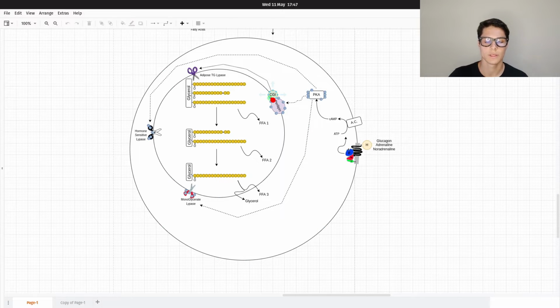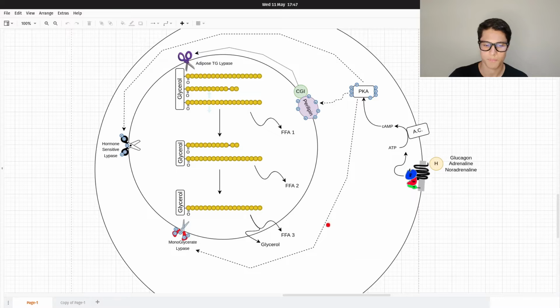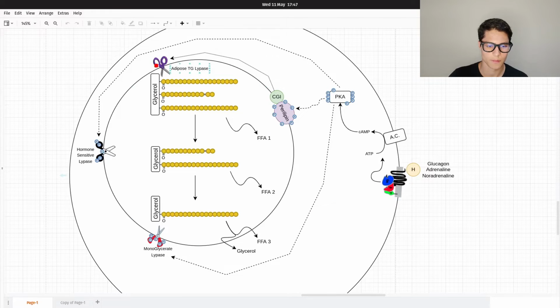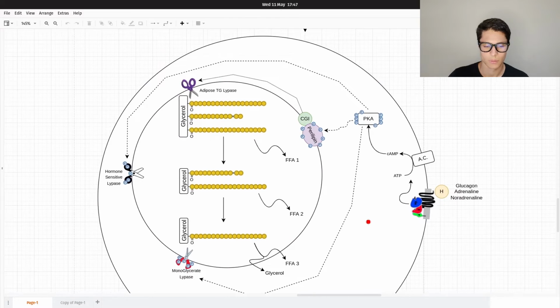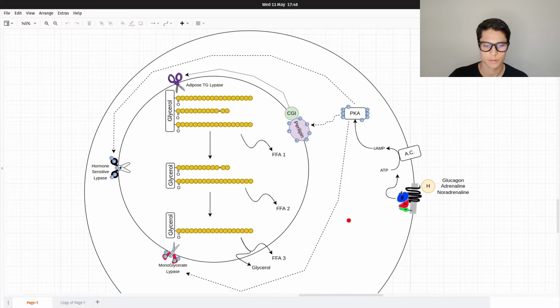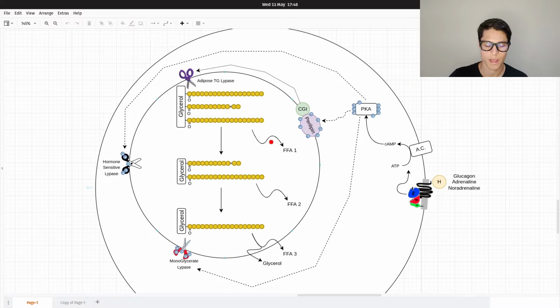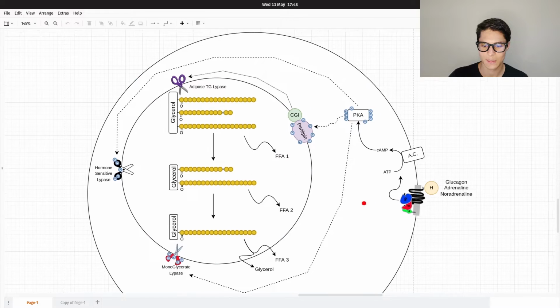What we need to know here is that they are inside of these vesicles, and there are many triglycerides here. What we're going to do is break them down and create, once again, glycerol and fatty acids.